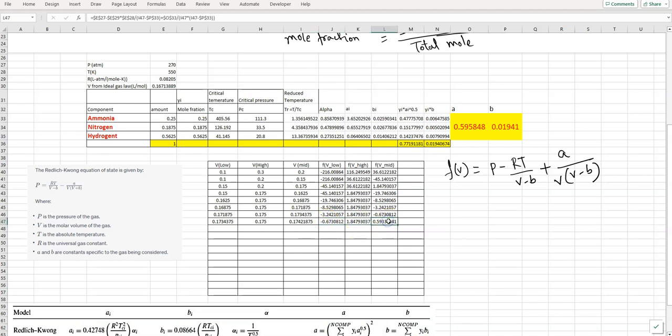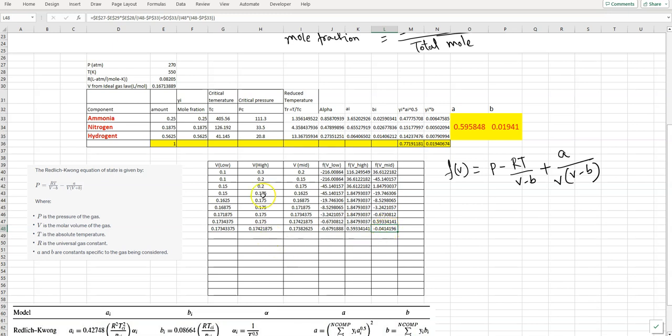So now VM becomes V high, that will be 0.17421875, and V low will be as it is, 0.1734375. Now you can see it is coming very small.